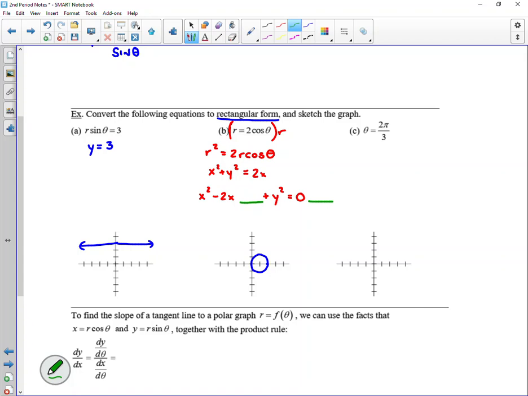Yeah, remember you take the middle number, divide it by 2, and square it. We're going to add 1. And if we add 1 to that side, I have to add 1 to my other side of my equal sign. So this becomes x minus 1 squared plus y squared equals 1, which is the exact same equation as this. It's a circle centered at 1, 0 with a radius of 1, right?